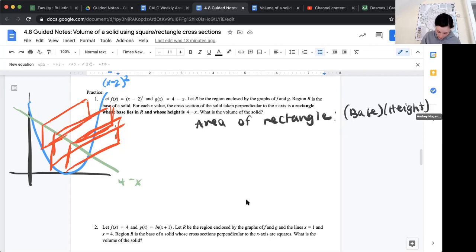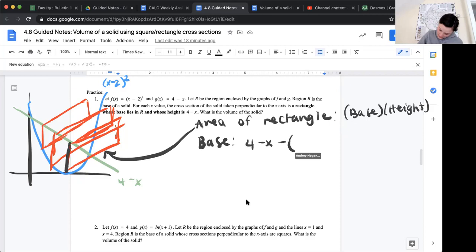Okay, so if I look at one of these rectangles, the base is right here, and that base is going to be top minus bottom. So top minus bottom in this case is going to be 4 minus (x minus 2) quantity squared. So I'm going to FOIL out (x minus 2) quantity squared.